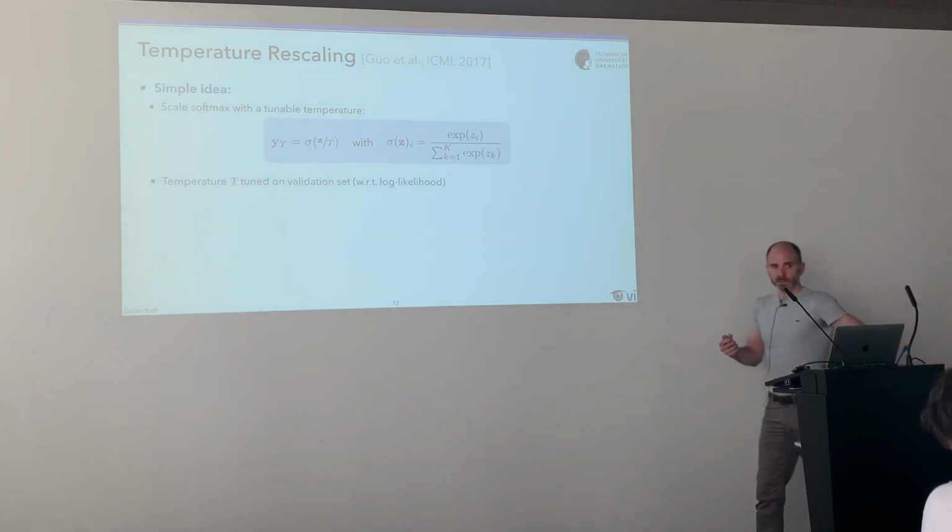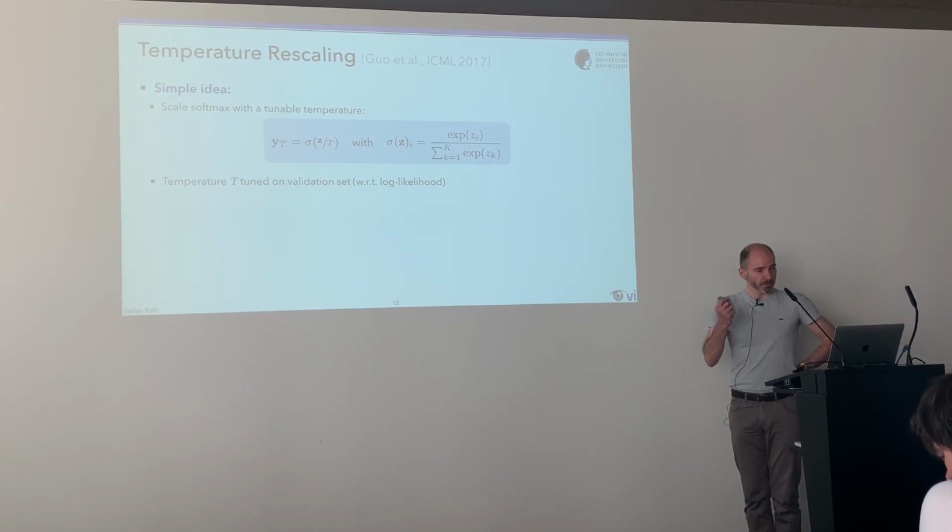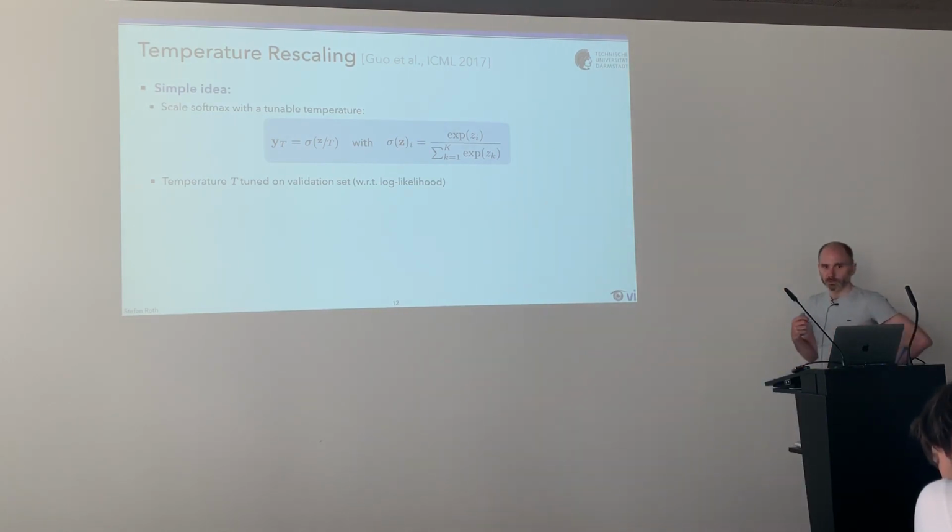That temperature, of course, needs to be tuned. You take the validation set, not the training set, of course, to do that, and use the log likelihood to tune it. Very simple. And an important component of that is it doesn't actually change the accuracy because the winner is still the winner. It's just that you change its confidence.